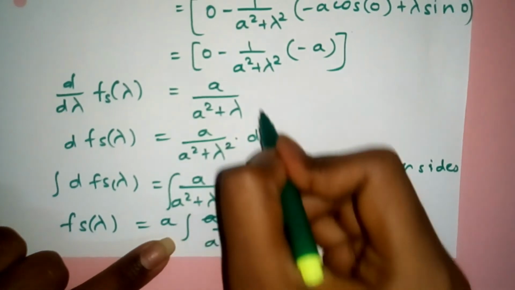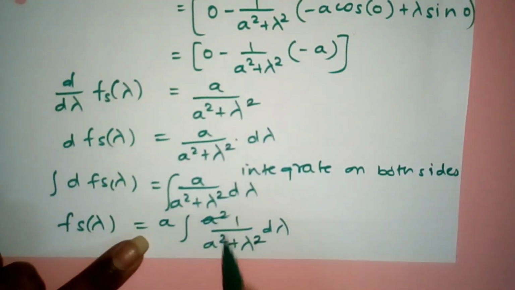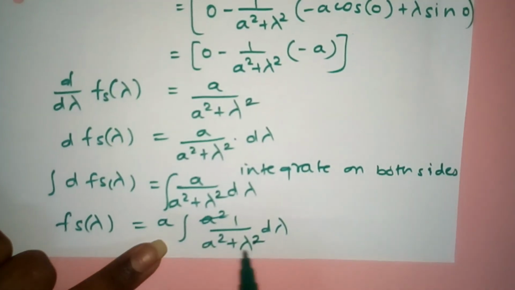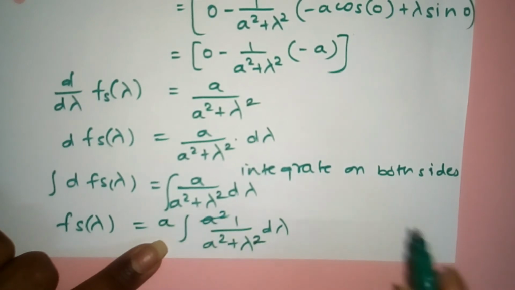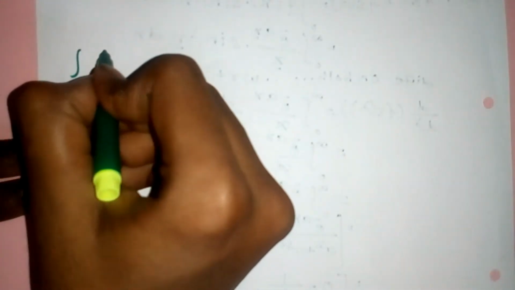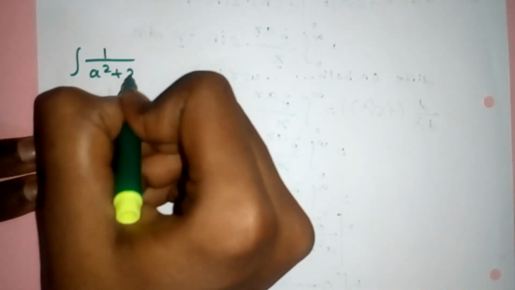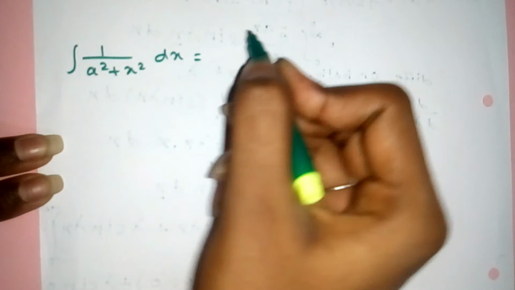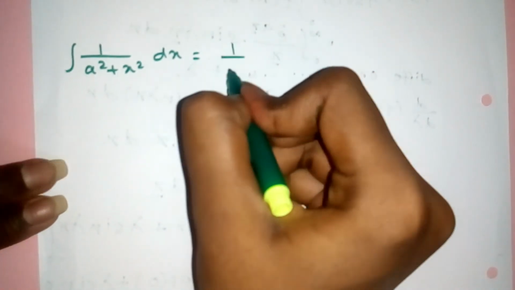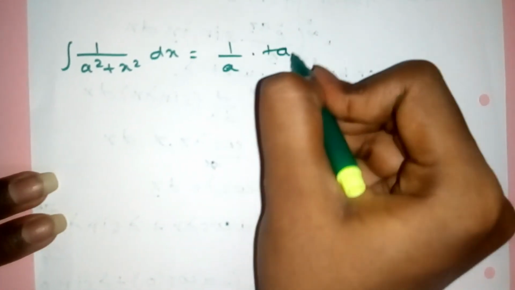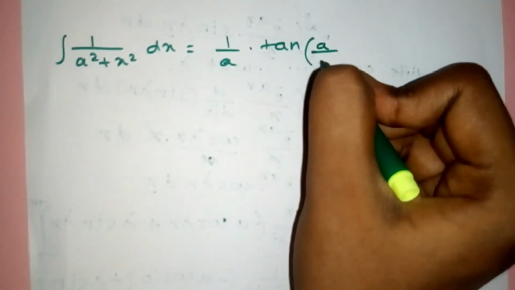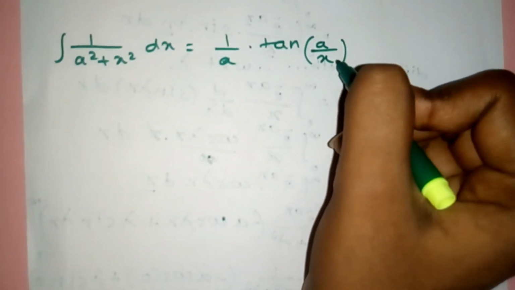I forgot the square over here, so we have a square. So 1 upon a square plus lambda square, we have a formula, so I will tell you that formula. Integration of 1 upon a square plus x square dx is equal to 1 upon a into tan inverse of x upon a. So this is the formula.